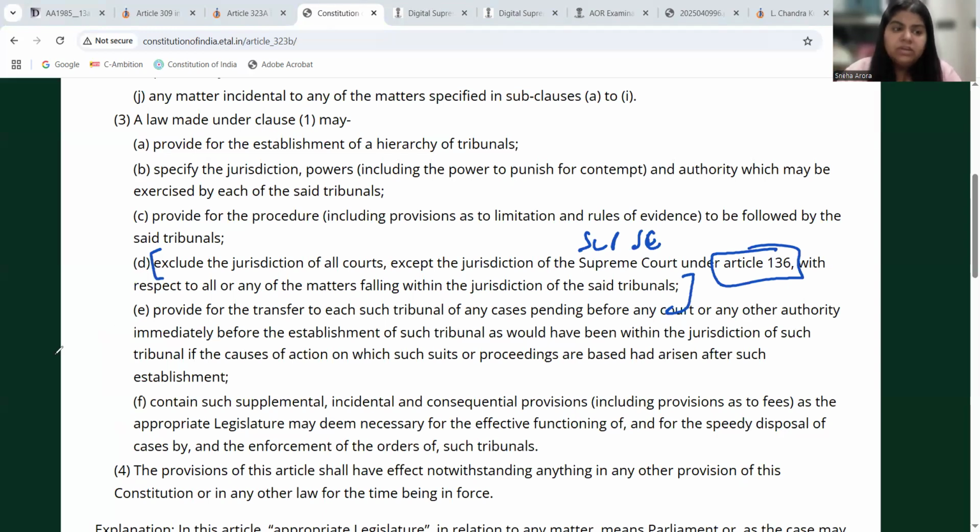Okay. Now the question here arises that when we come back to the 1985 Act, we are looking at section 28.